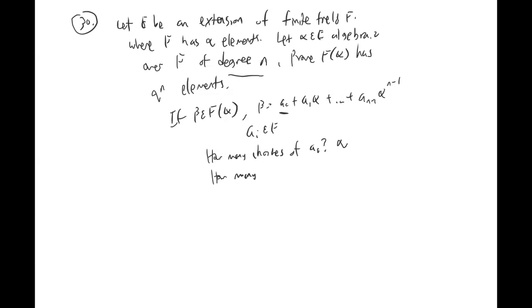Hopefully you see the answer. q again, yeah? And then a_{n-1}, it's q. So how many q's do I have total? Yeah. So if I multiply it all out, I get q to the n. And you're done. It has q to the n elements.